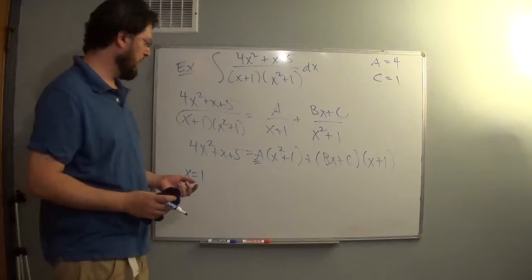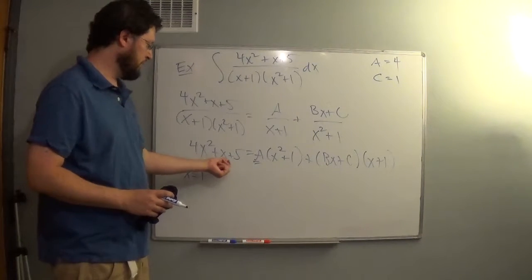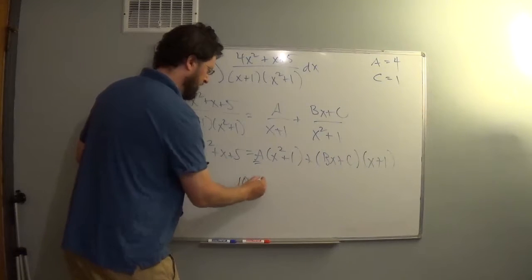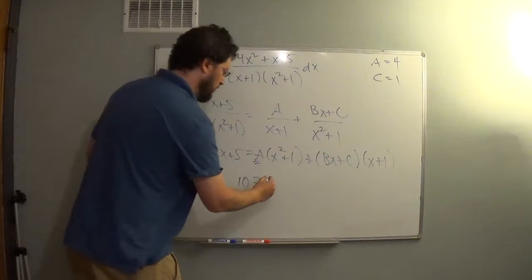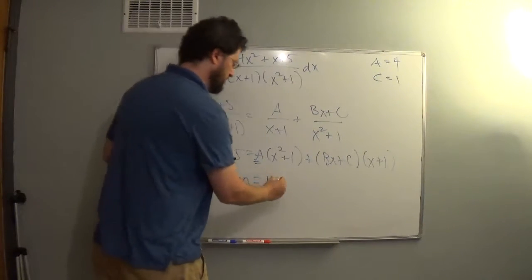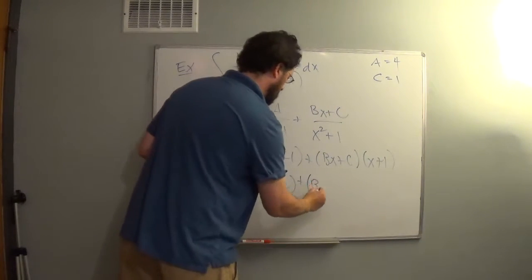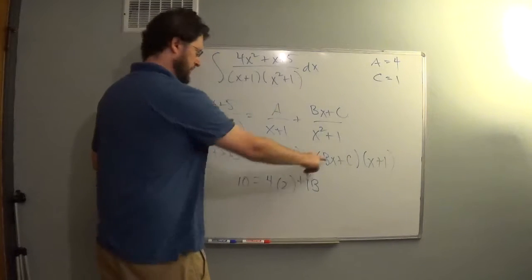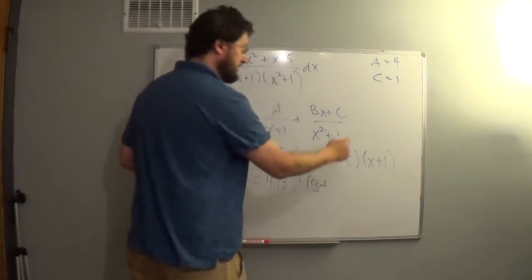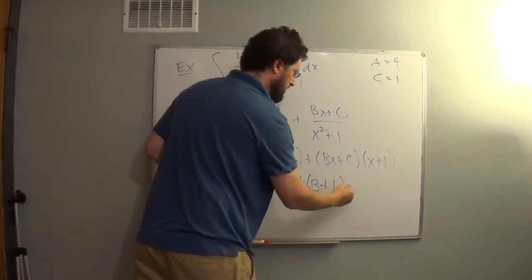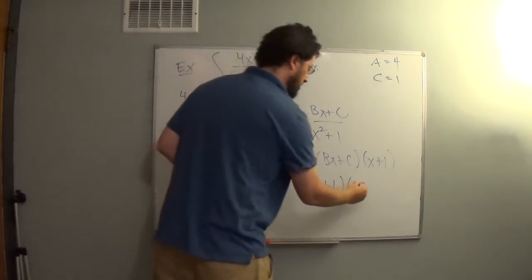If we put x equal to positive 1 in, I get 4 plus 1, which is 5, plus 5 is 10. A is 4. Plugging 1 in for x makes a 2 here. Plus B, which we don't know, times x, which is 1, plus C, which we've already figured out is 1, and x is 1, so that makes a 2 here.